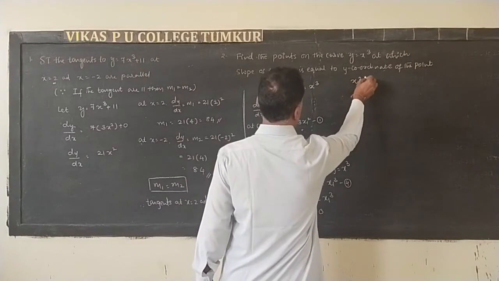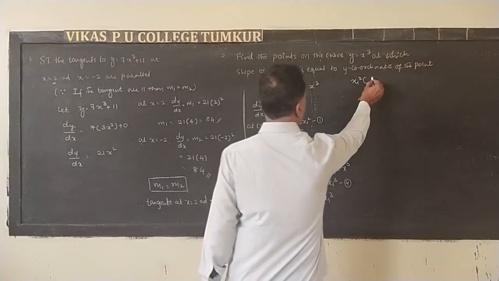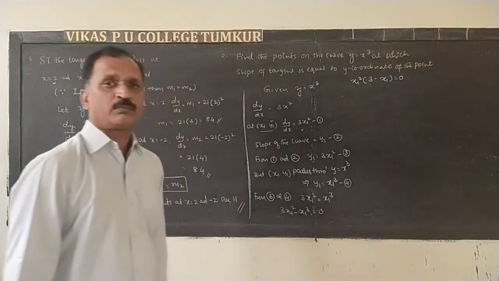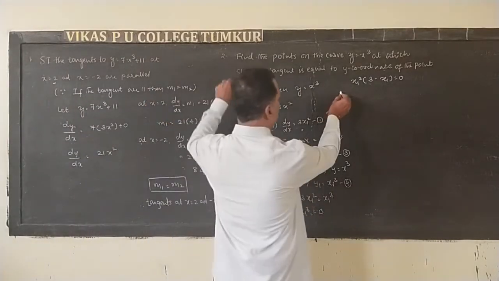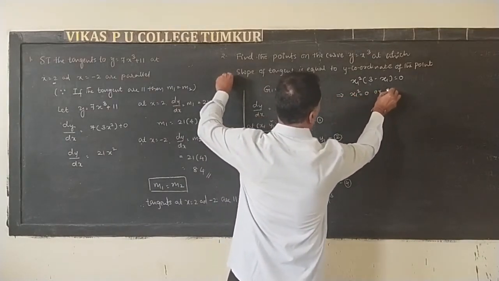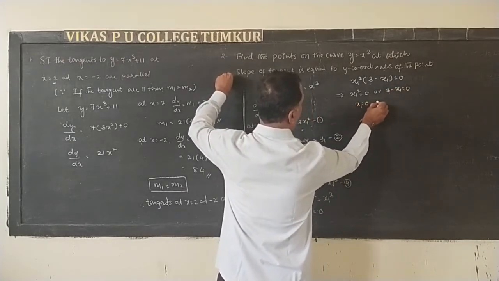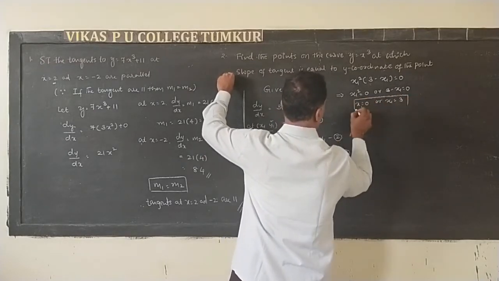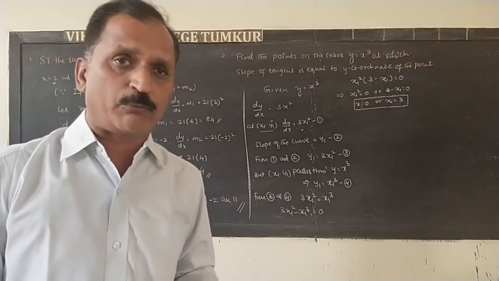I can get x1 square as a common factor. ಮಿಕ್ಕಿರೋದು ಎಷ್ಟು? 3 minus x1 should be equal to 0. This implies your x1 square should be equal to 0 or 3 minus x1 is equal to 0. Therefore, x1 is equal to 0 or x1 is equal to 3. ಎರಡು ಪಾಯಿಂಟ್, correct? Now at this point I want to calculate the values of y1.